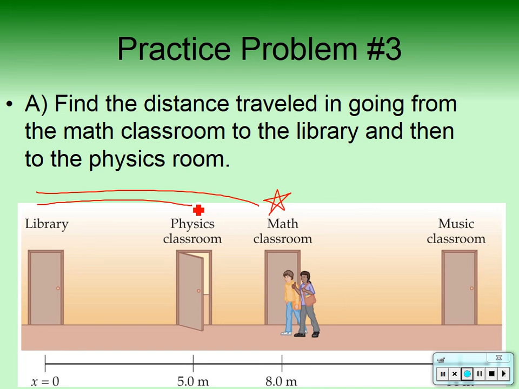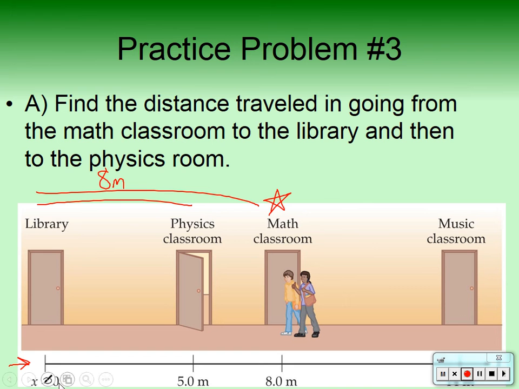Okay, here's your scale at the bottom. So be looking down here for the values. We started at the math classroom. How long was it? What was the distance to the library? 8 meters. So this segment took 8 meters. What was the distance from the library back to the physics classroom?